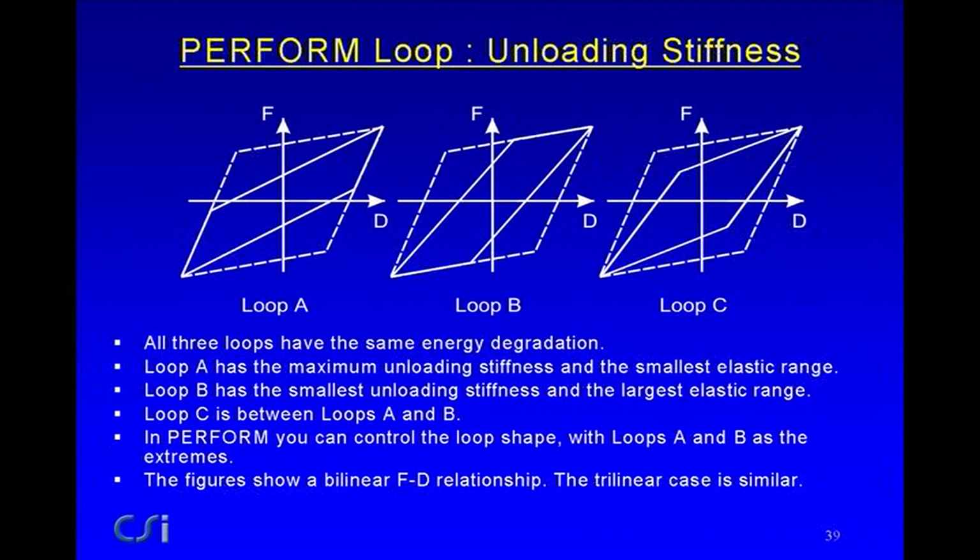Here you have the maximum unloading stiffness, but the minimum unloading range to produce this degraded loop. Here you have the opposite: the maximum unloading range, which would give you the minimum unloading stiffness. And here you have something halfway between, an unloading stiffness in between the maximum and the minimum, and an unloading range somewhere between 0 and the maximum.